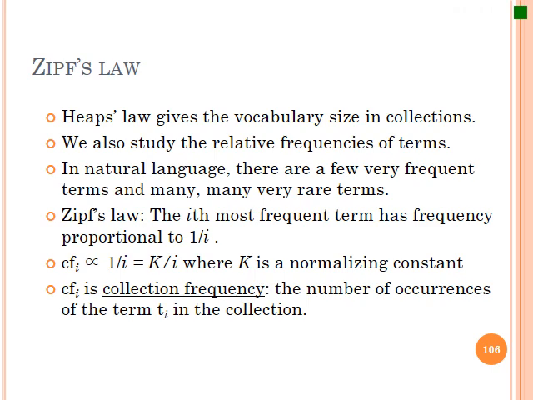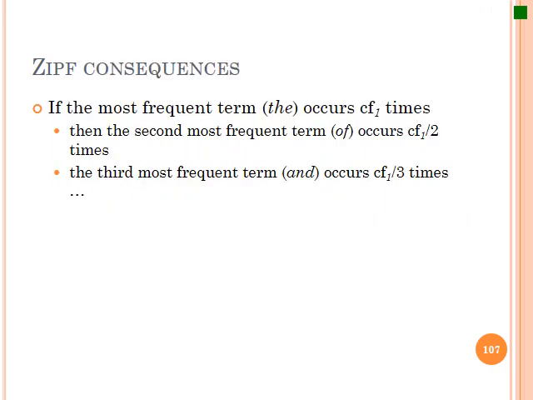In other words, cf_i, the term frequency of the i-th most frequent term, is proportional to 1 over i, or is equal to K over i, where K is a normalizing constant. cf_i is the collection frequency, that is the number of occurrences of term t_i in the collection. Remember, i is the rank of the term.